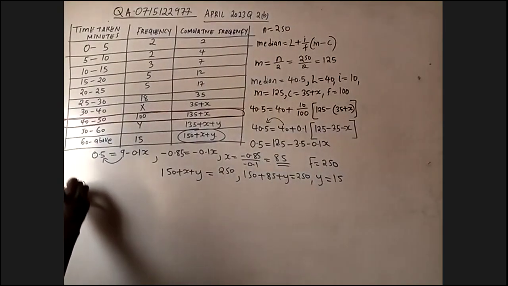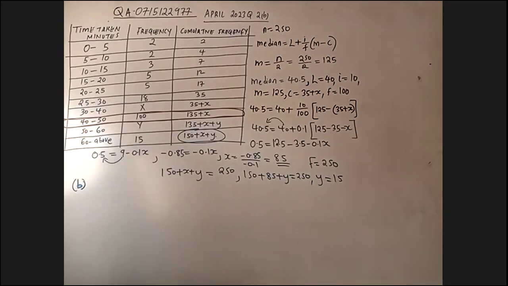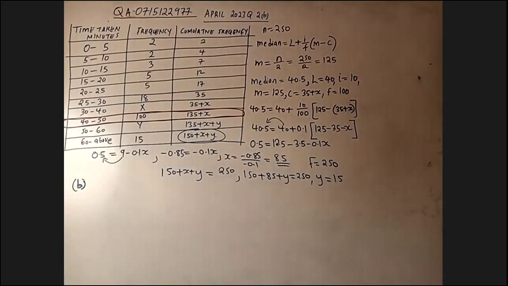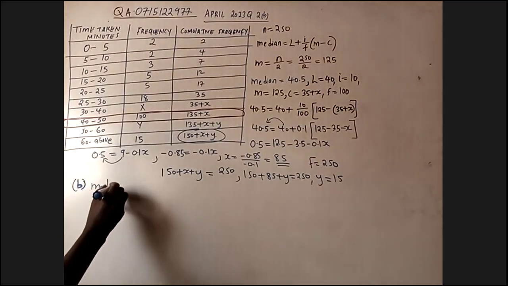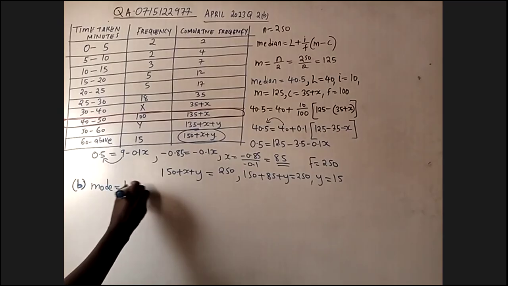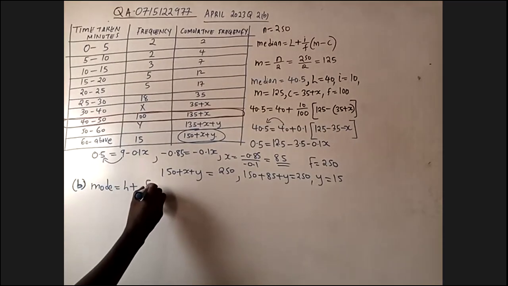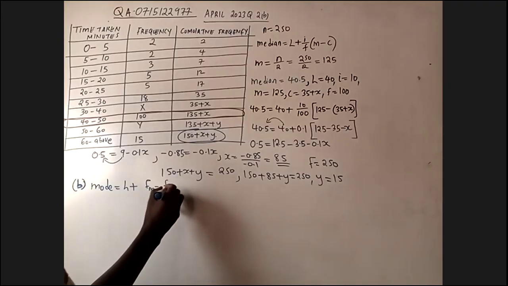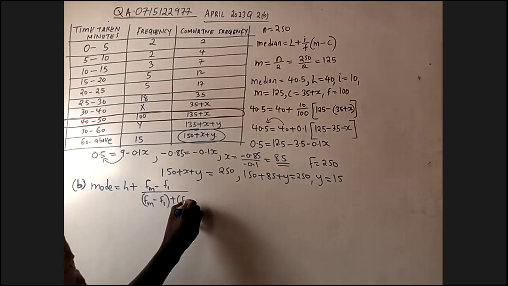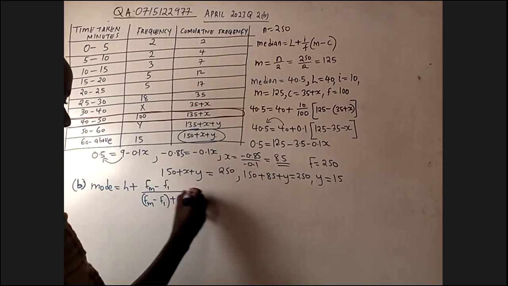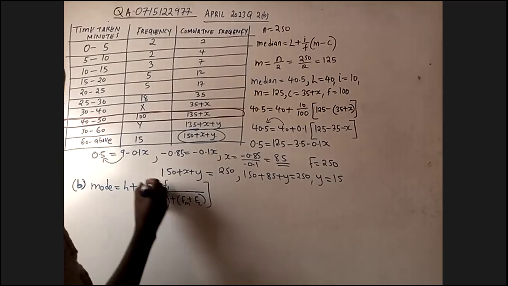In an exam, you would have to use this method for the mode. I wanted to see if you can apply the formula for the mode. Now, how do you get the mode? We use the formula: mode is equal to L plus FM minus F1 over FM minus F1 plus FM minus F2.